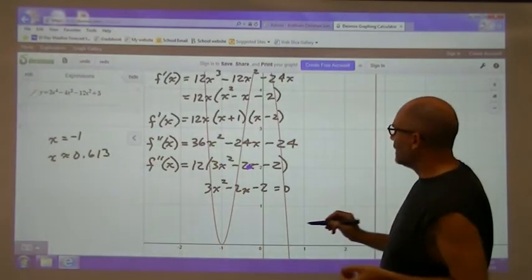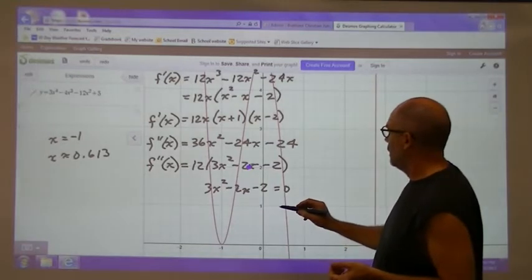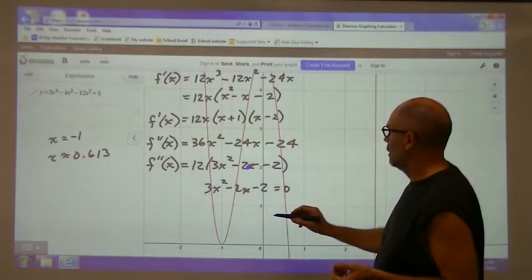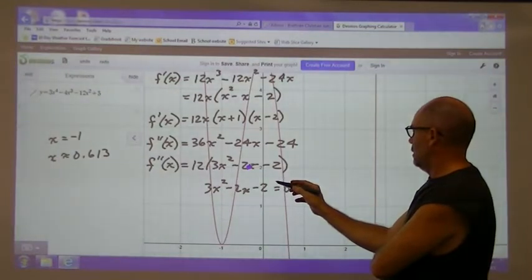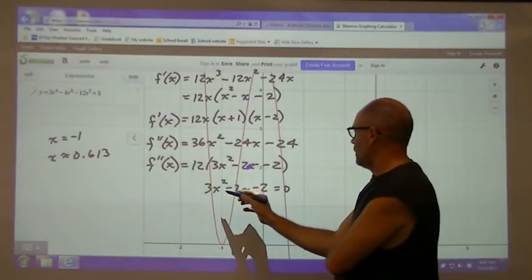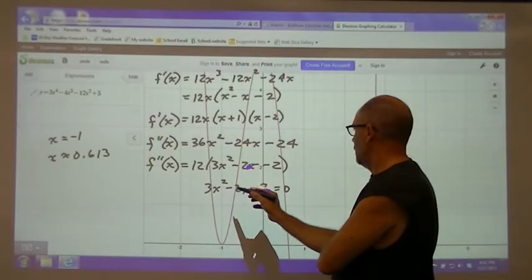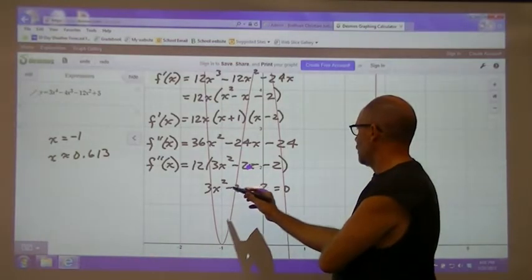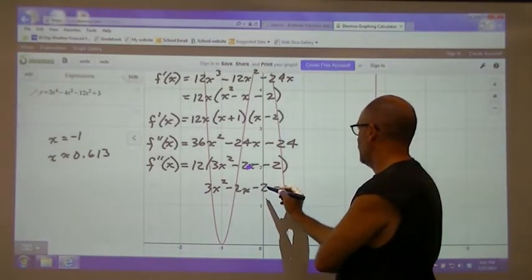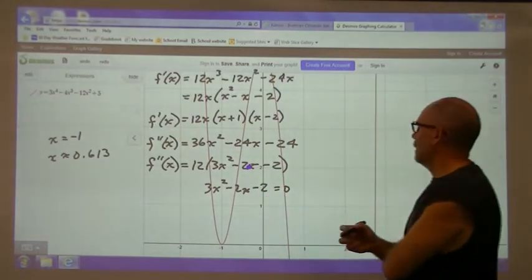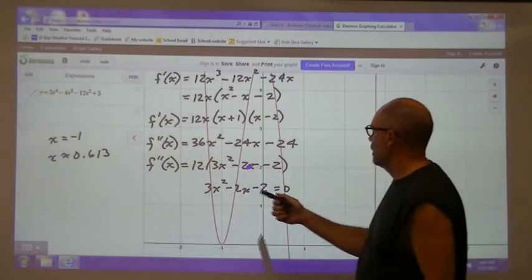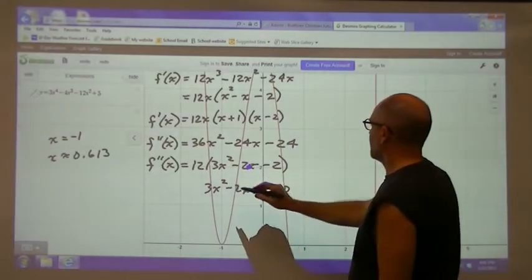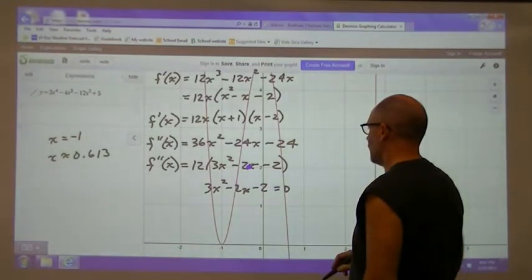So, at x equals -1, let's see, 3 minus 2, that's not right. Where is 3x squared minus 2x minus 2 equal to 0?